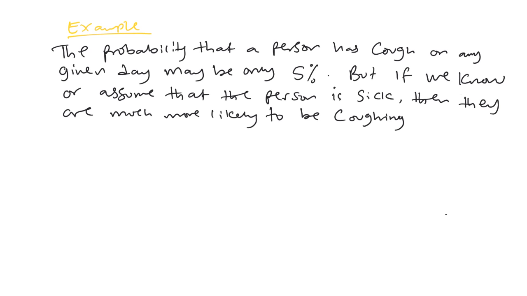Let's look at a real life example to amplify the understanding of conditional probability, and why the occurrence of some event can affect the occurrence of another event. Normally, a person will sometimes cough, and the chance that you have a cough when you are normal could be maybe 5%. But if you are sick, then you are most likely to be coughing.